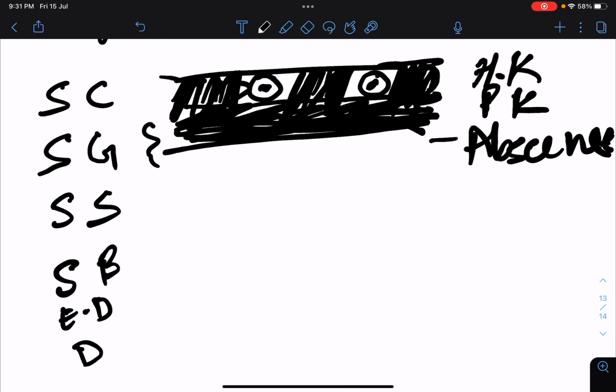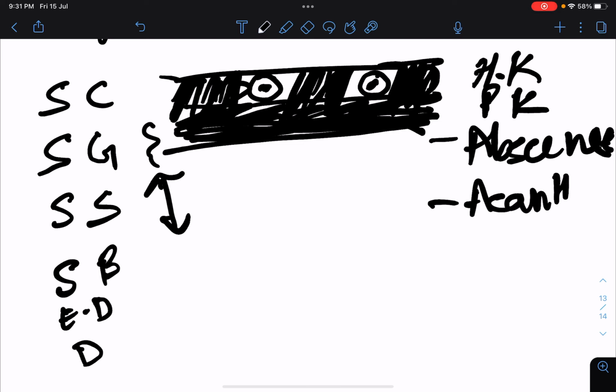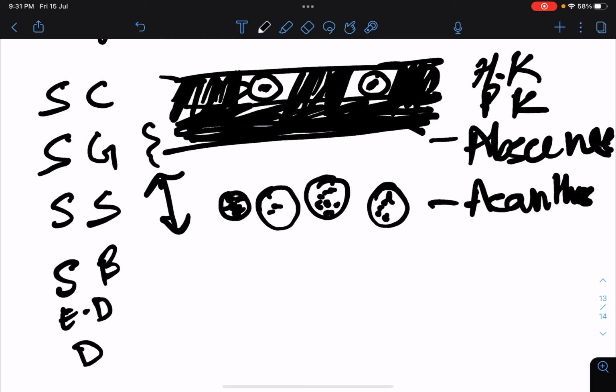That basically means that the stratum spinosum has been thickened. So acanthosis, thickening of the stratum spinosum. And more importantly, we're going to see a lot of microabscesses formed in the stratum spinosum. So we're going to see a microabscess, another microabscess, and another, which is going to be called Munro's microabscess.